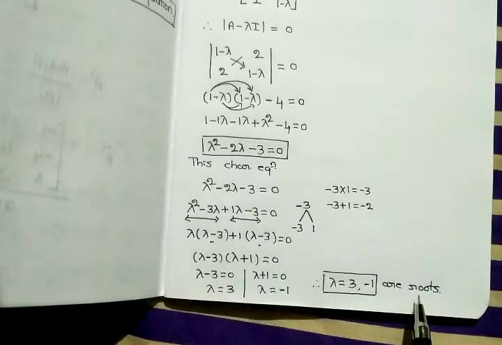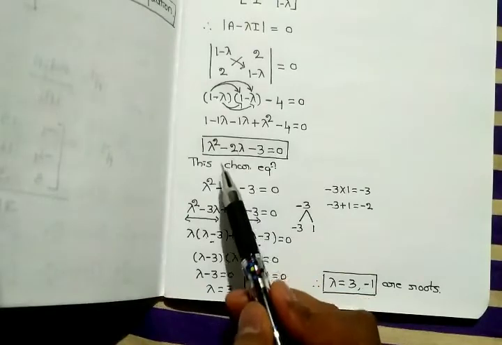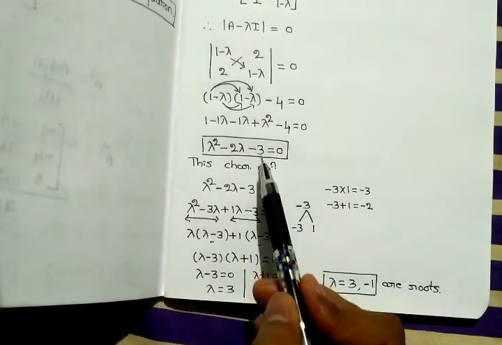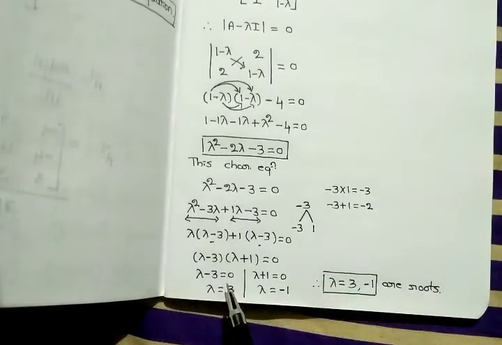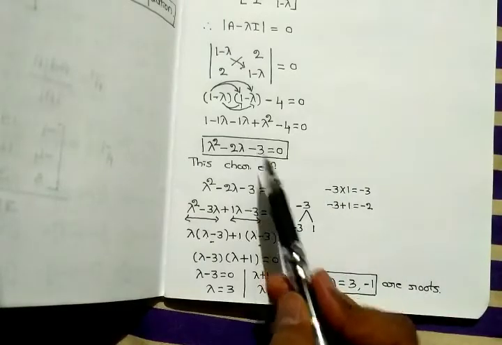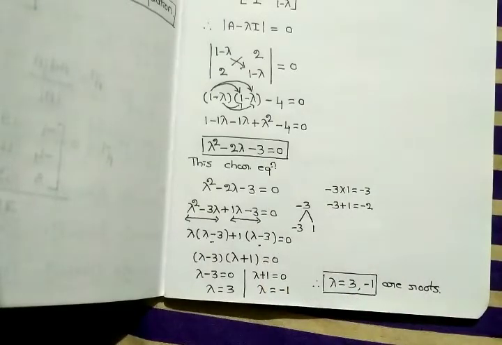To find the roots for this equation, we are going to apply the factorization method. Once you apply the factorization method, at the end you get two values. These two values are called the roots of this characteristic equation.